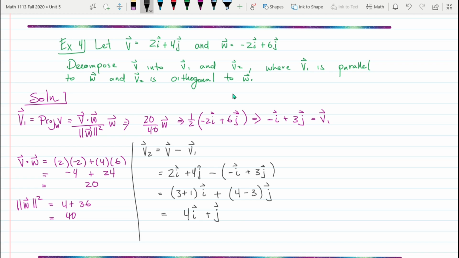So that is our vector v2. So v2 is orthogonal to w.